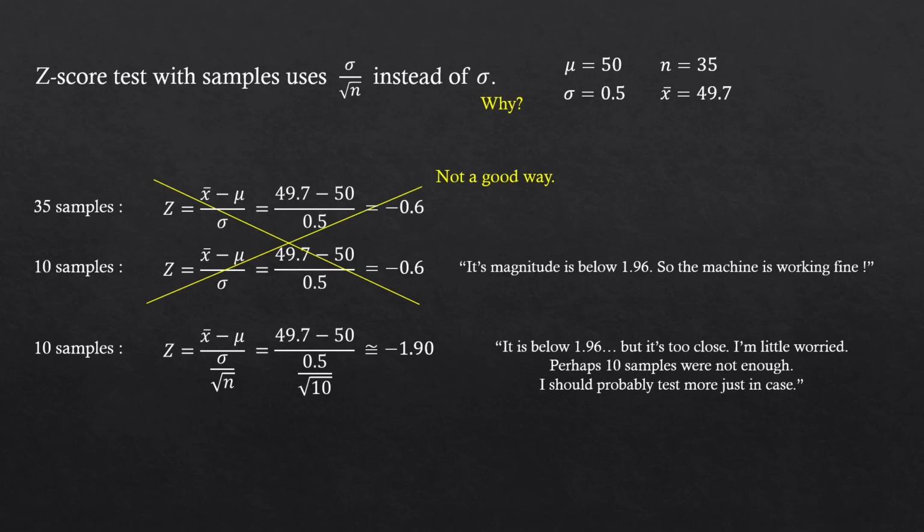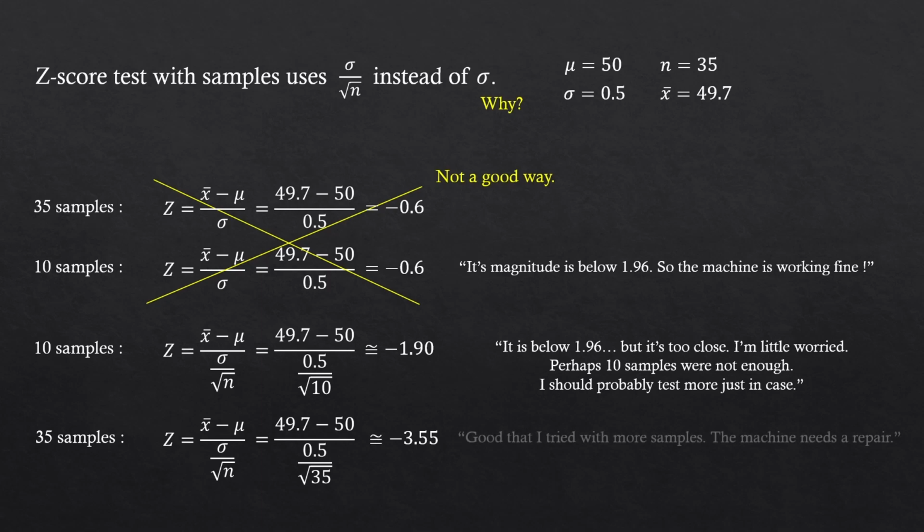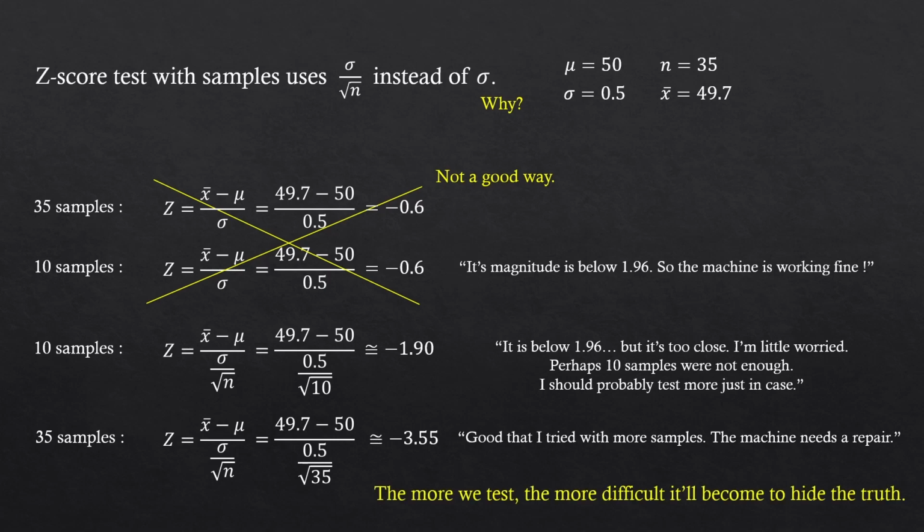Can you imagine that? Let me show you. See? The more we test, the more difficult it'll become to hide the truth, which is its malfunctionality. So this is the reason why we need that term included when taking sample data.